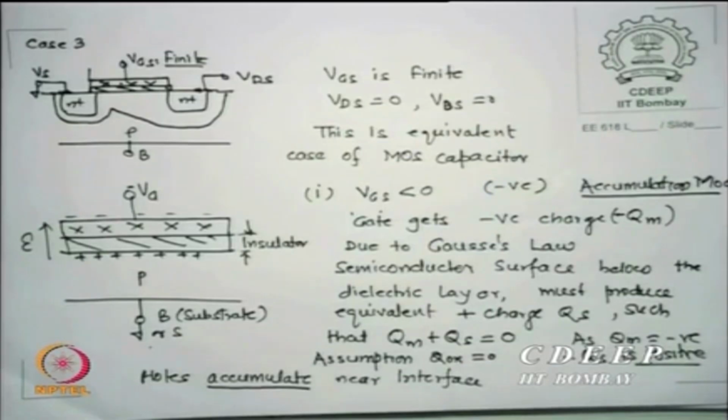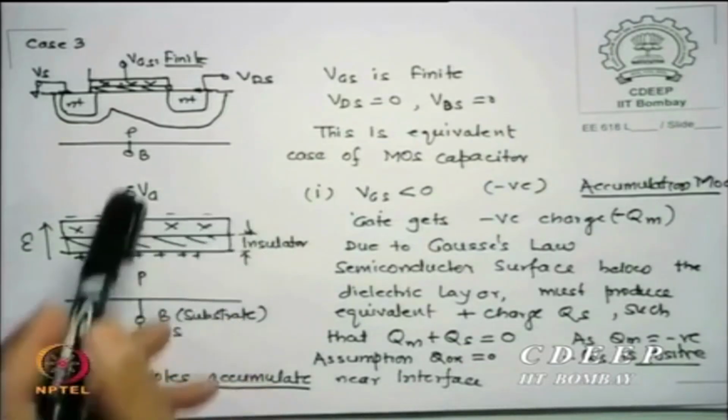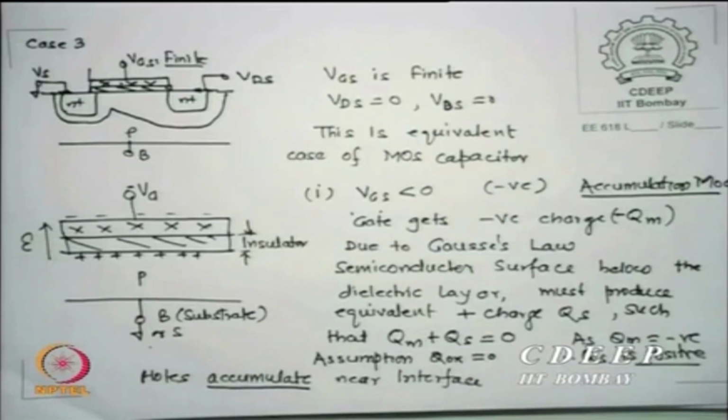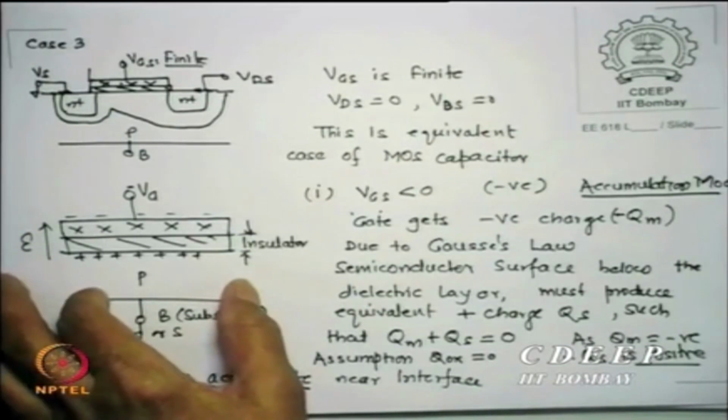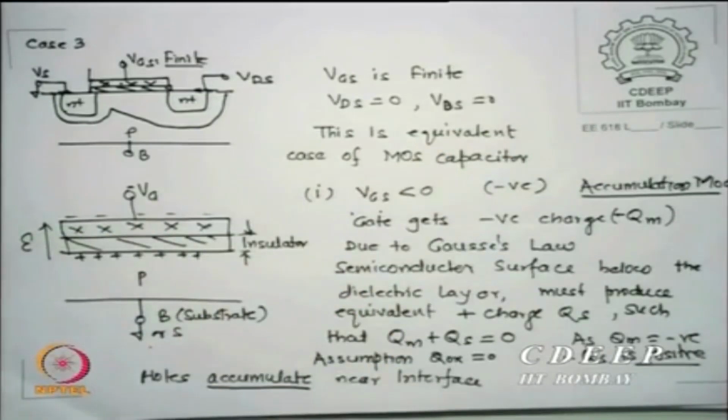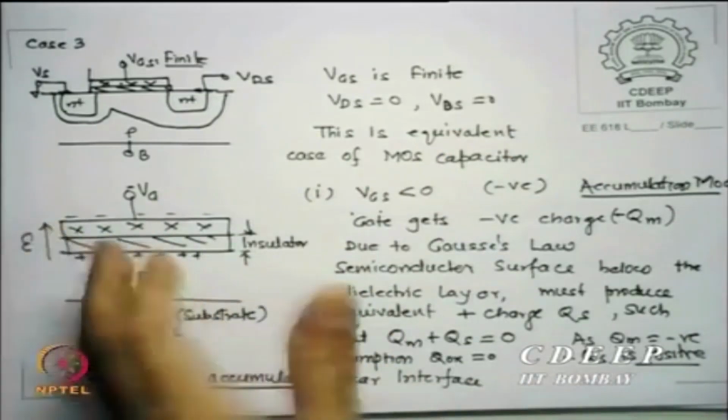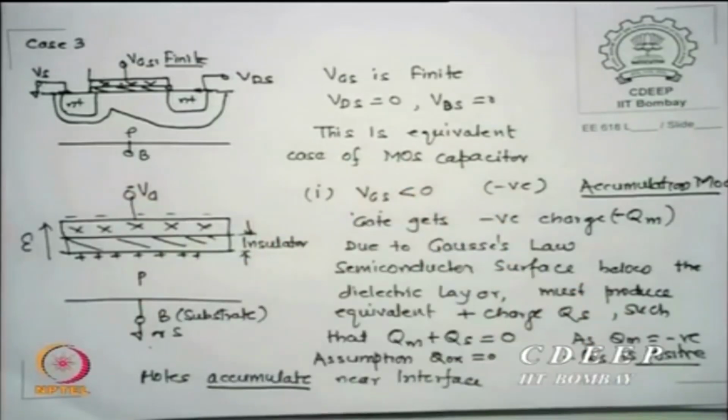The additional holes which we are asking for will actually come from the power supply, so that the thermal equilibrium value of concentration in P remains constant, though holes are actually picked up from the substrate itself. The loss will be supplied by the battery.